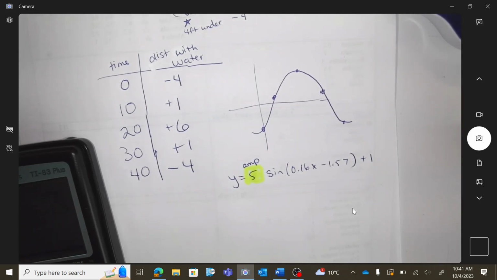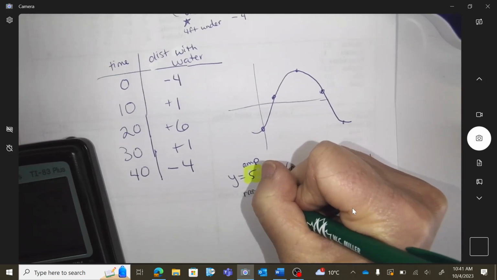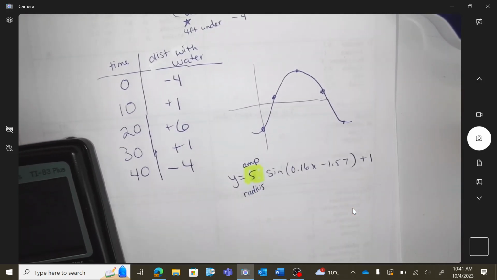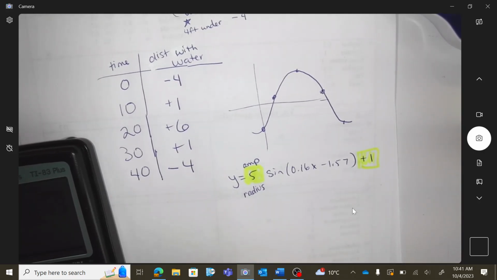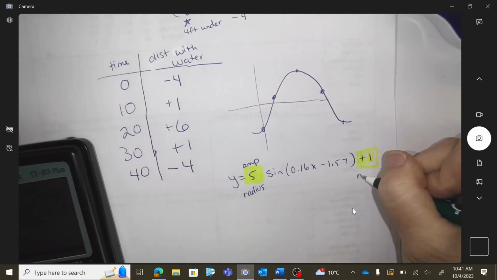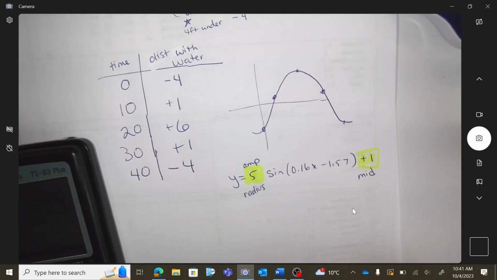The radius, right? Because it's midpoint to the top, midpoint to the bottom. And does this number look familiar? What does that always represent in an equation? The mid. So that's where we are when we're in the middle.